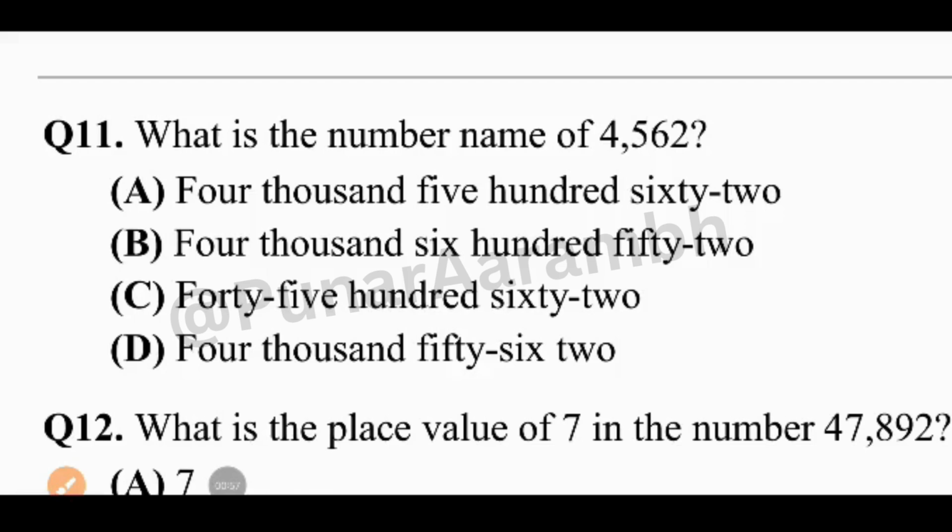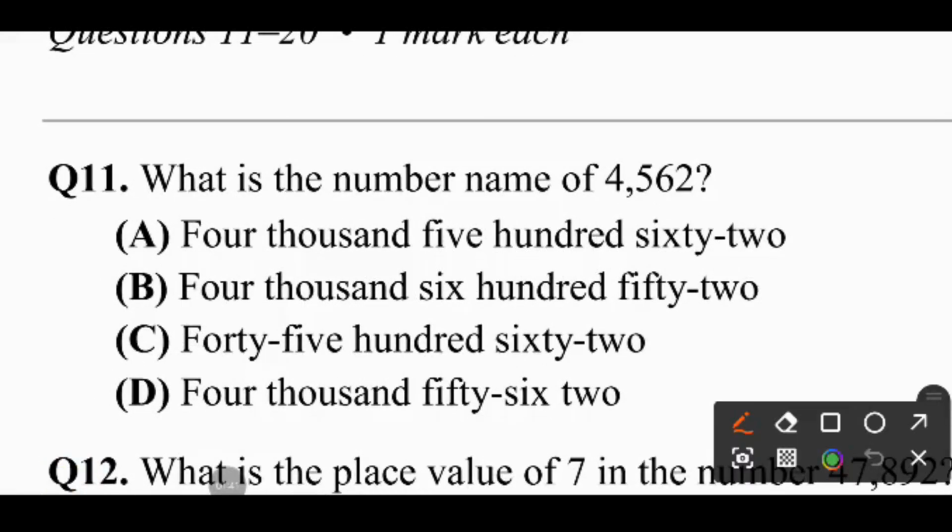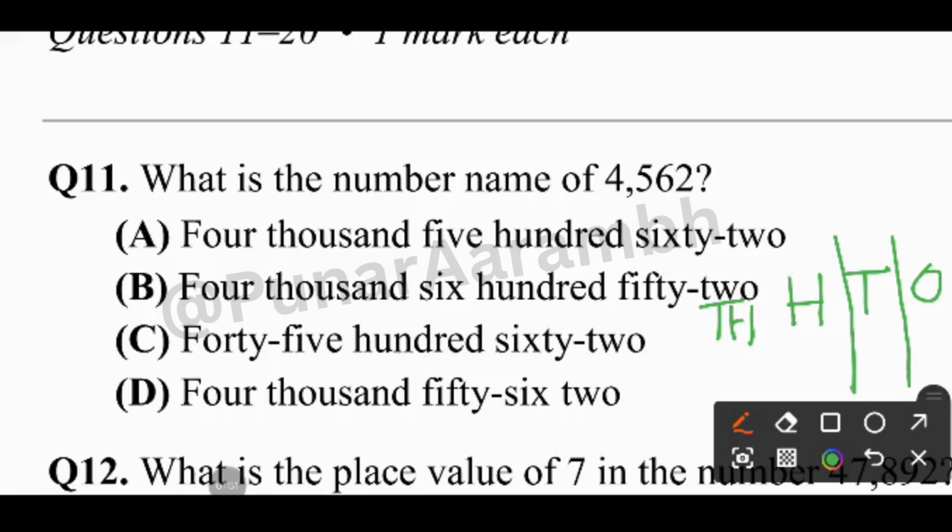Let's start. See, in an easy way, first comes ones, then comes tens, then comes hundreds, and then comes thousands, isn't it? So in this, ones hold the place of 2.